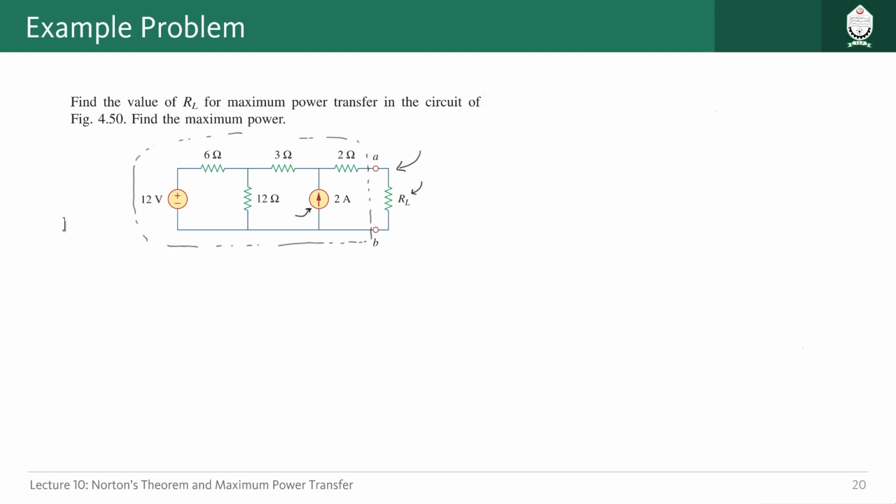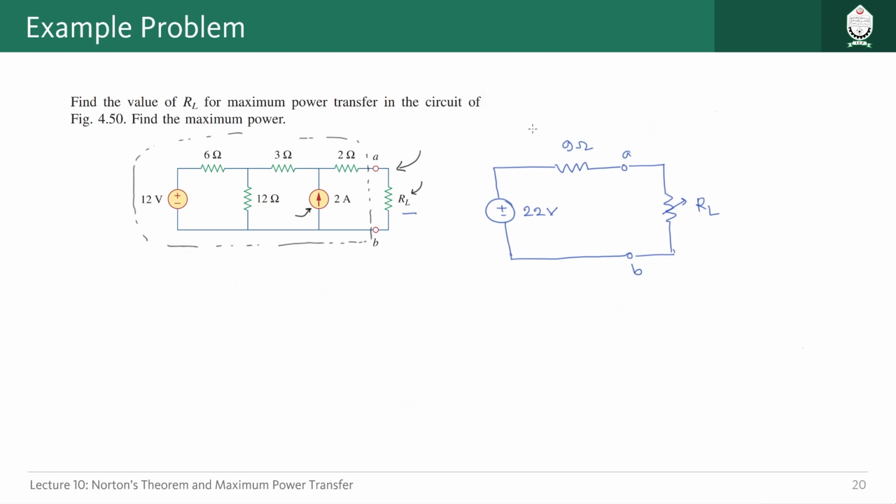Now we can represent the whole circuit using the Thevenin equivalent circuit. So we will have a voltage source something like this in series with the resistor. The value is 9 ohm here, and this should be 22 volt, and these are the two nodes A and B, and here we have the variable load RL connected, just like this one, right?